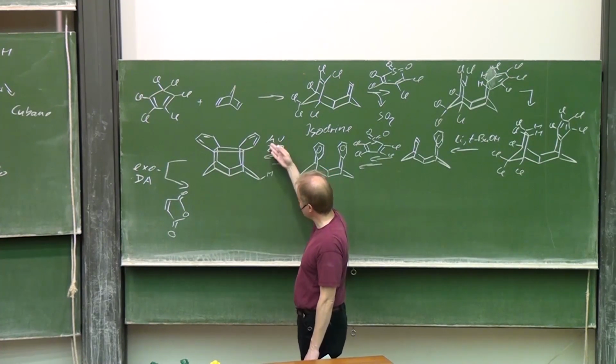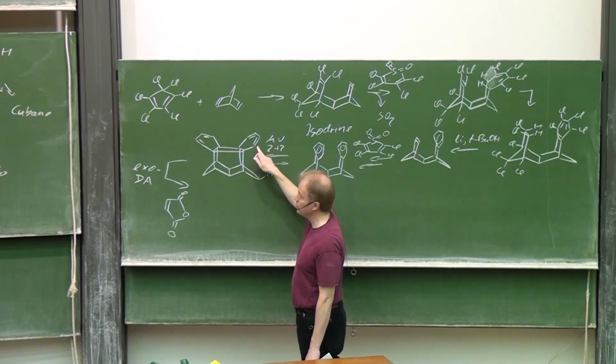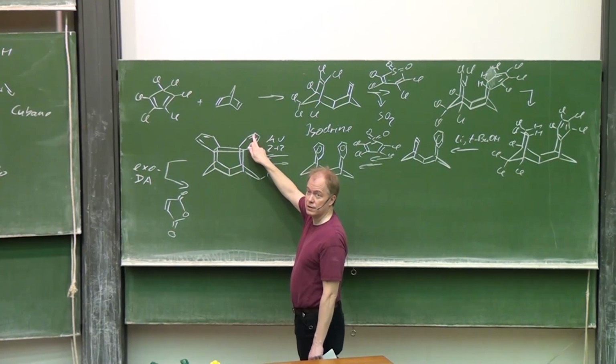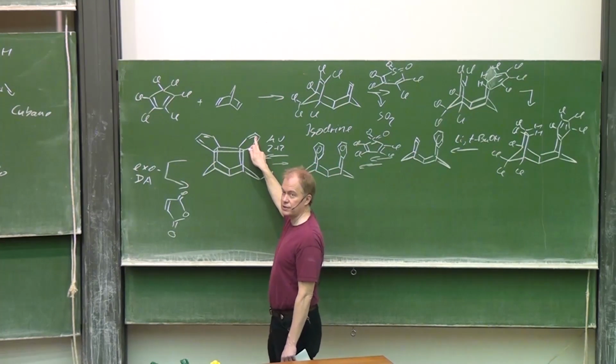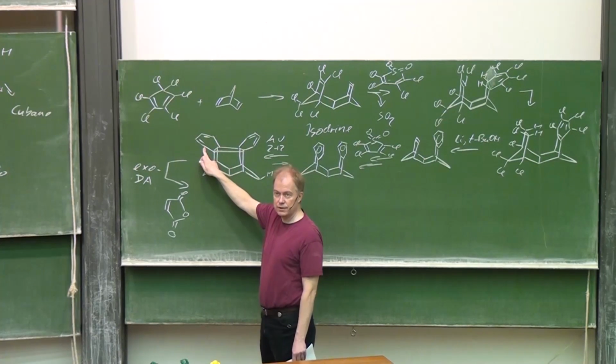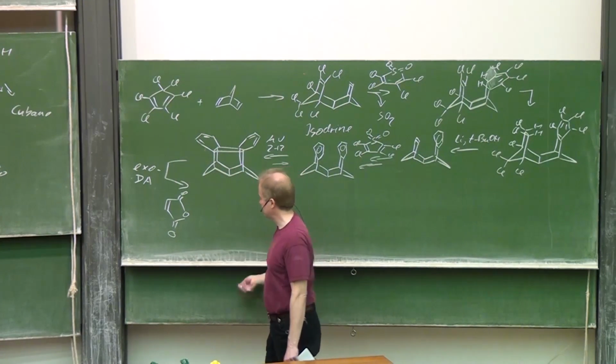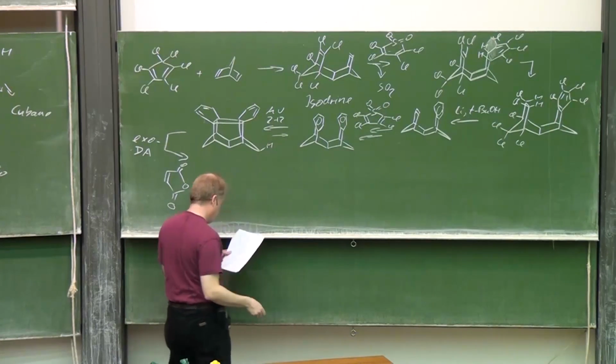Yeah, so an oxo Diels-Alder reaction with this diene forming the olefin here, and this olefin then undergoes at the same time again a Diels-Alder reaction as dienophile with this diene. So what will be the result?